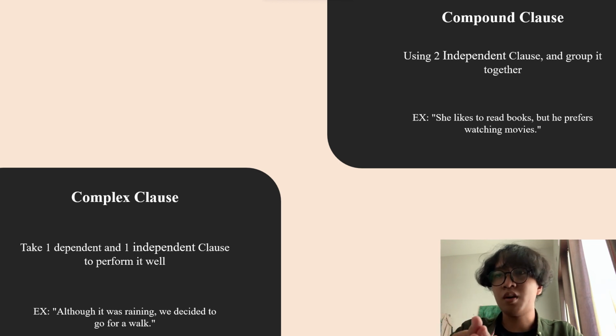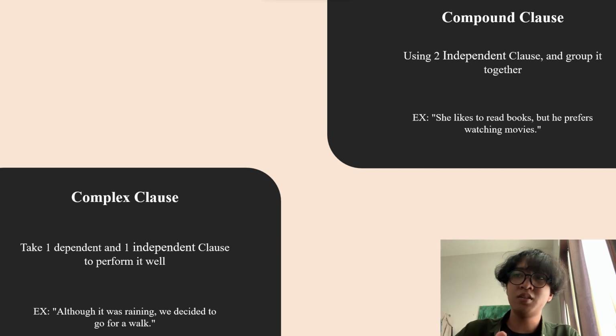But in the compound clause, we saw "She liked to read books, but he preferred watching movies." Either way, if you remove one part, it's still understandable. "She liked to read books," understandable. And "but he preferred watching movies" is also still understandable.